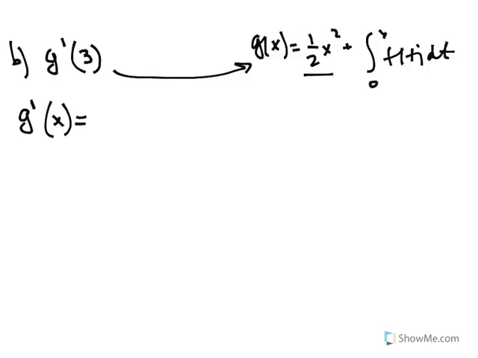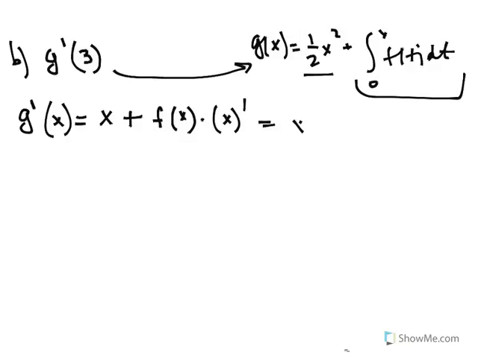So first of all, the derivative of 1/2 x squared is 1/2 times 2, which is just x, plus, applying the FTC 2 to the integral, f of x, replacing t with x. No need to multiply by the derivative of x, because the derivative of x is 1. I can put times x prime for you if you want, but you understand it's 1. So it's x plus f of x.